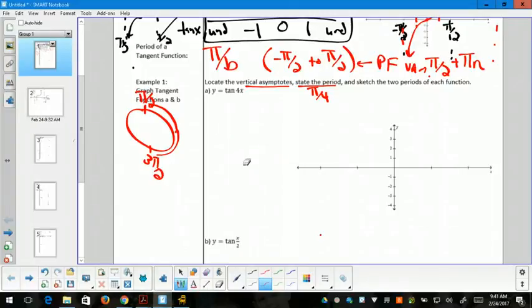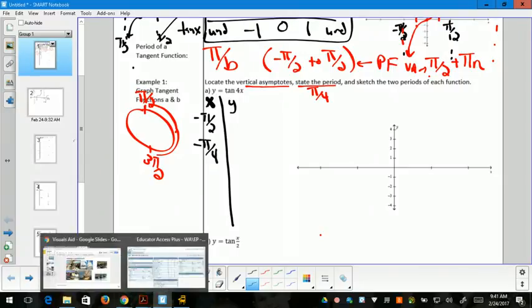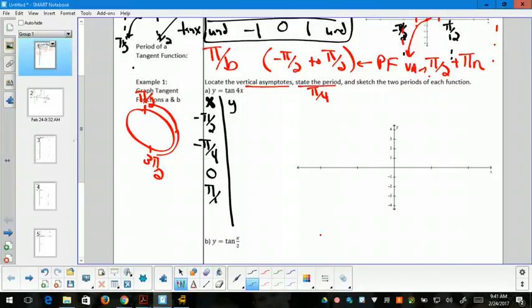So, let's make our table. We have our regular function, which we have above, for x and y for the tangent function, which starts at negative pi over 2, negative pi over 4. They ask for 2 periods, so we'll deal with that in a second. 0, pi over 4, and pi over 2.